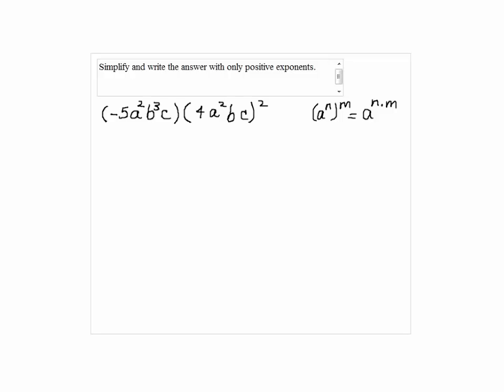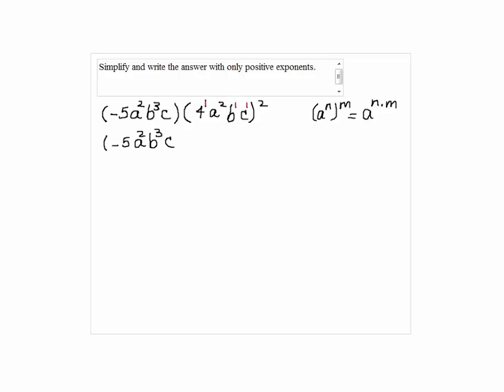You recall a to the power of n to the power of m is equal to a to the power of n times m. So in this case, we have the exponents 1 for a, 1 for b, and 1 for c, where I have to multiply the exponents 2 with these exponents.